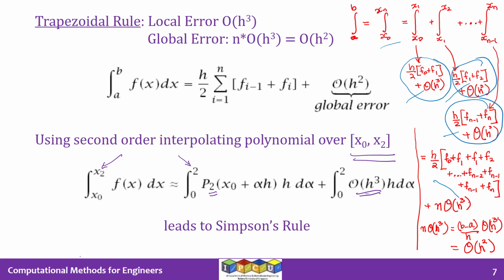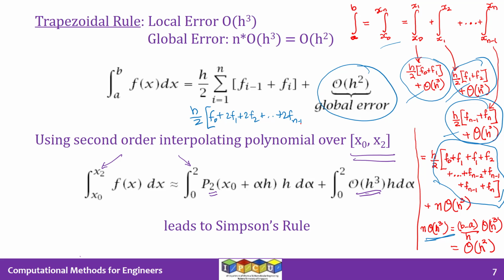And then I put it all together, right, to get this one. And I have written the expressions for you earlier. And I've also argued why the global error is of the order of h squared by doing exactly what we did previously. And the value of the integral is h by 2 multiplied by f0 plus 2f1 plus 2f2 plus all the way till plus 2fn minus 1 plus fn.